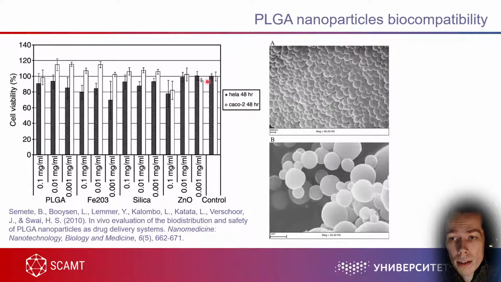So testing on HeLa cells in 2020 is not a very good choice. Well, this work was done about 10 years ago, but still, it's not the best option. But in this particular research, PLGA particles have some good biocompatibility, maybe 10% to 20% cell death.